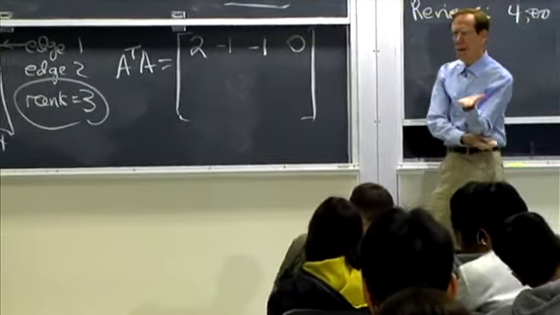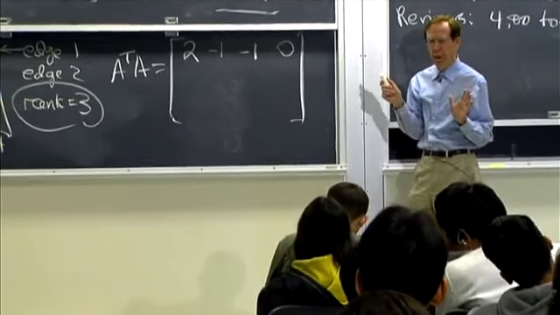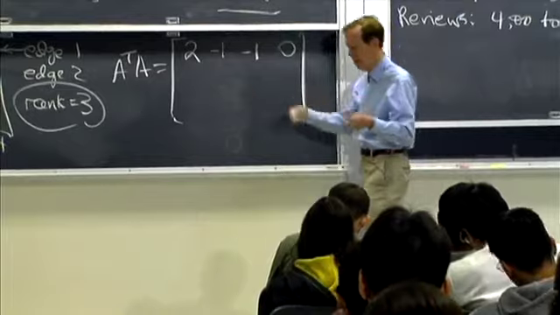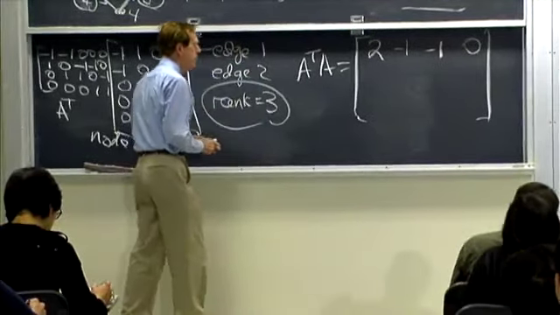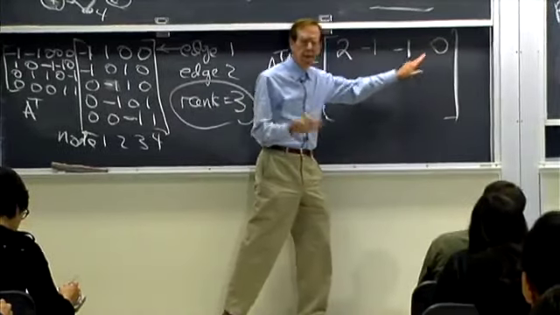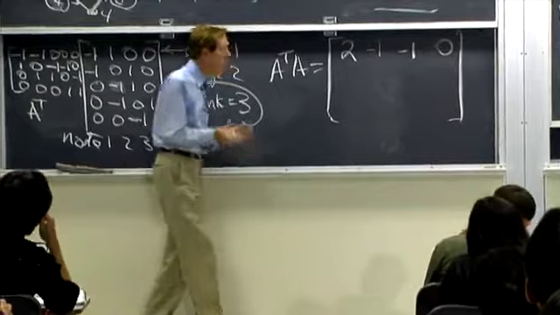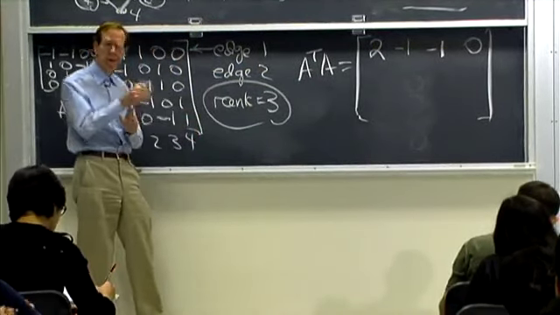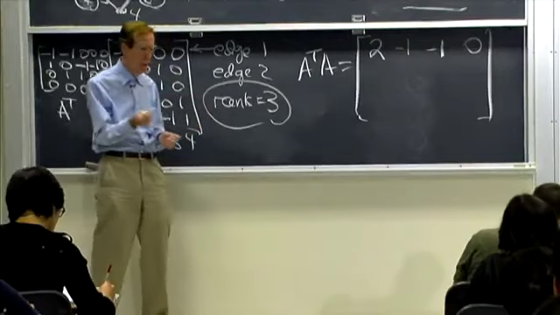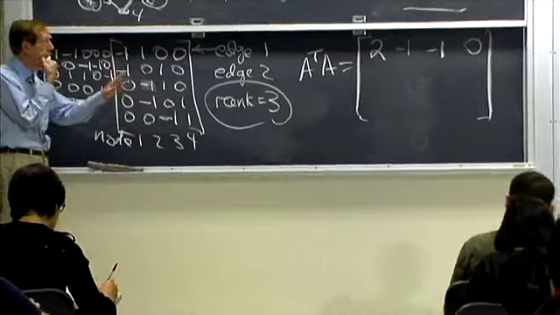Can I just look at that for a moment before I fill in the rest? And then when you fill in the rest, it will confirm the idea. Why did a 0 appear in the 1, 4 position? Well, if I look back at the graph, what is it about nodes 1 and 4 that told me ahead of time you're going to get a 0 in that A transpose A?